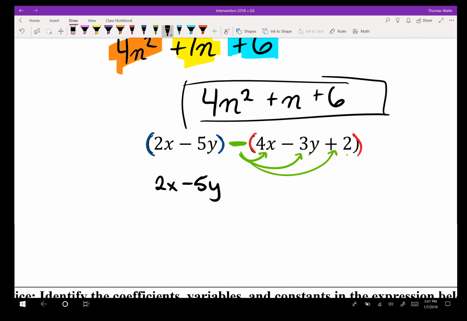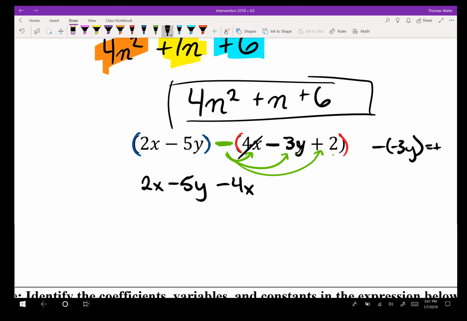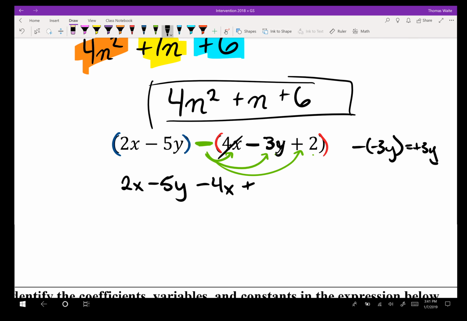If I subtract a negative, that's the same as adding. Minus a negative 3y is the same as plus 3y. So whenever I subtract a negative, I want to add it. So instead of subtracting it, I add it. And then here, minus 2.